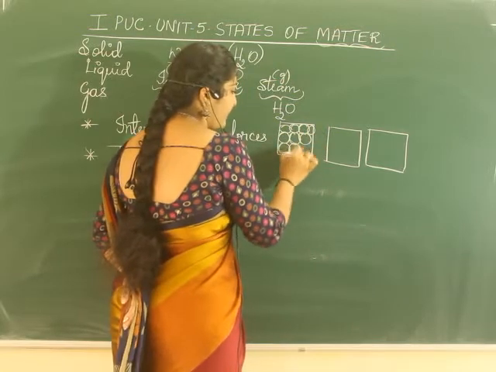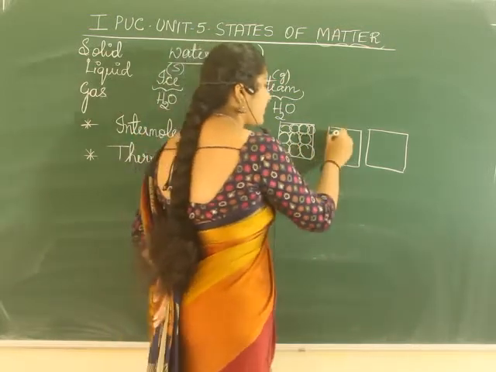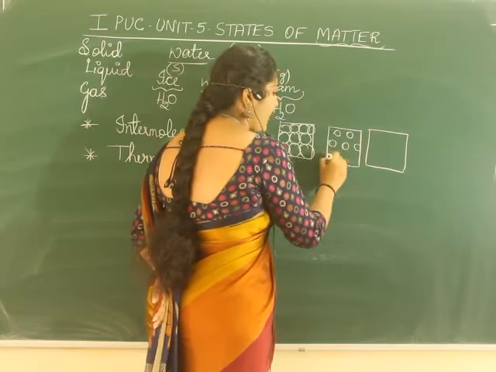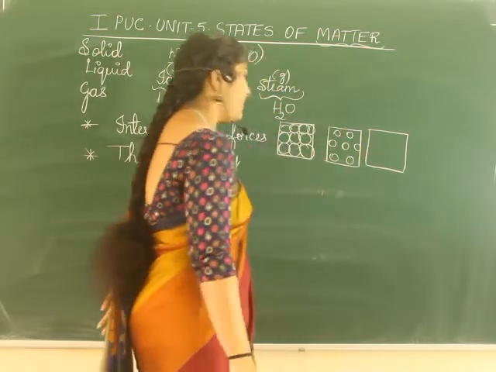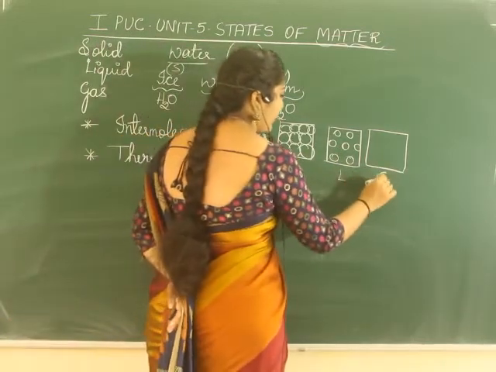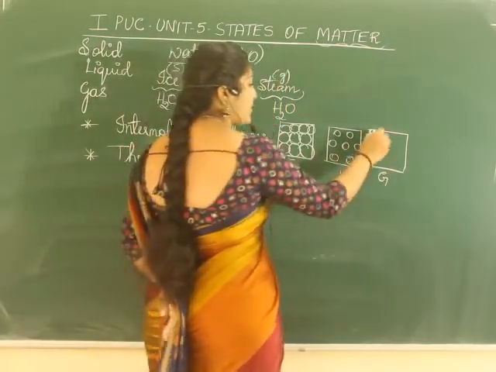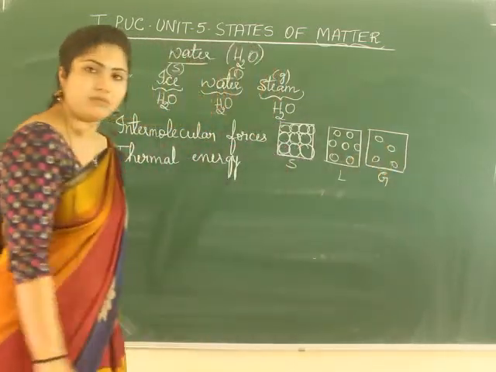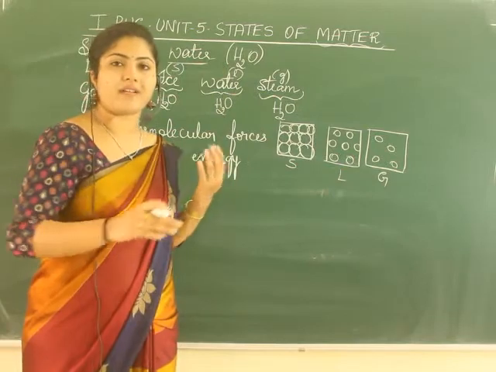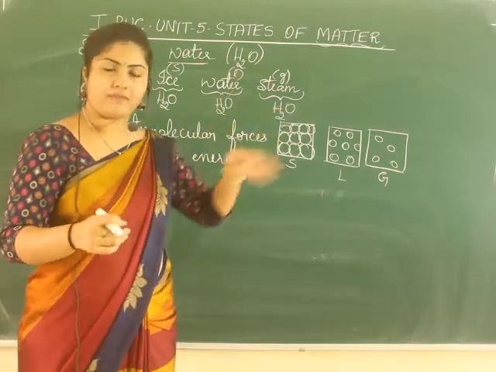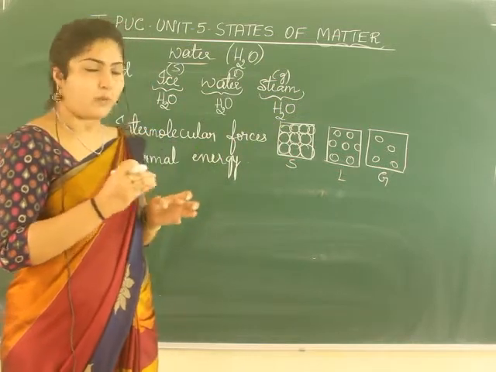Am I right? In liquids, the molecules are not so closely packed as in the solid state. This is solid, liquid and gaseous state. And in the gaseous state, the molecules are in constant random motion, which means they are constantly moving. They are not fixed to a particular position.